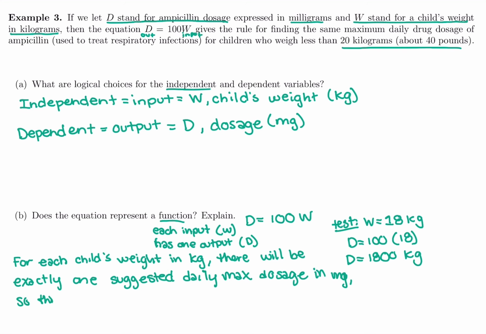So this is a function. A fancy way of saying each input has one output. That was our goal here. To call it a function, we would say each input has one output. So we just need to write this in terms of the function and see if it holds true. For each child's weight in kilogram, there will be exactly one suggested daily max dosage in milligrams. So this has to be a function.